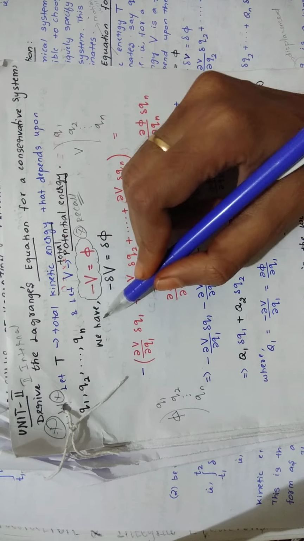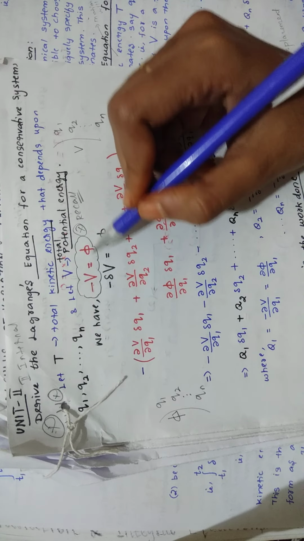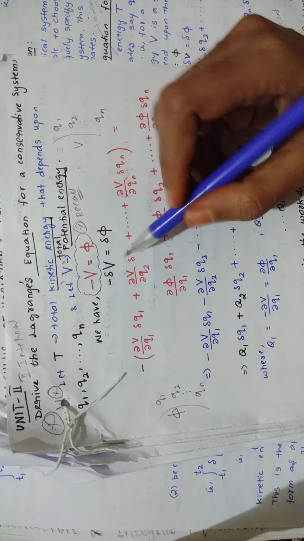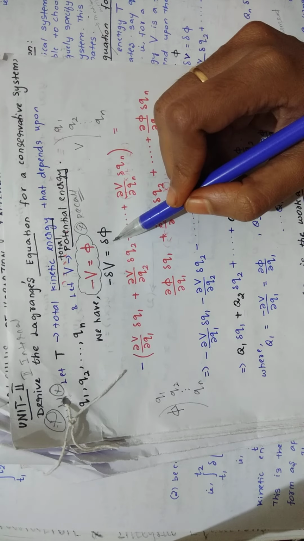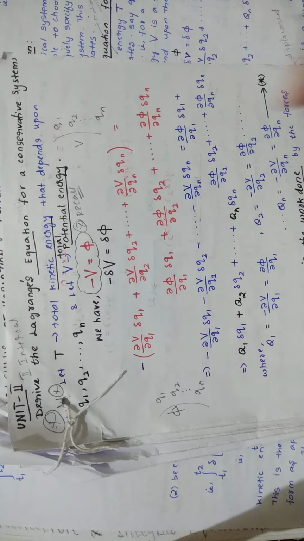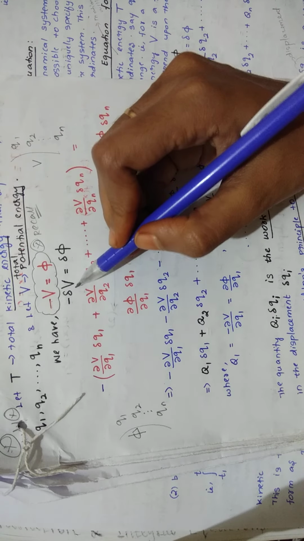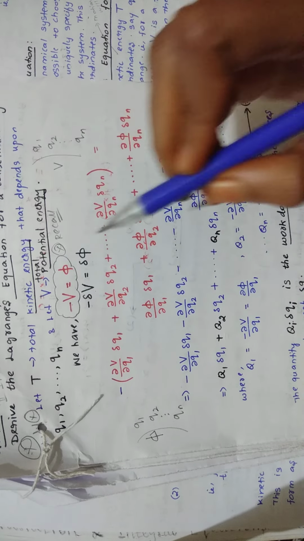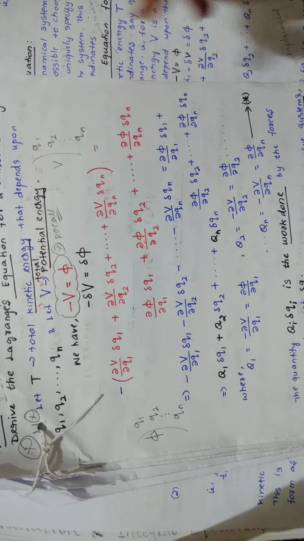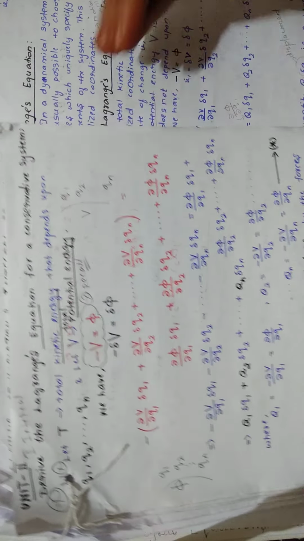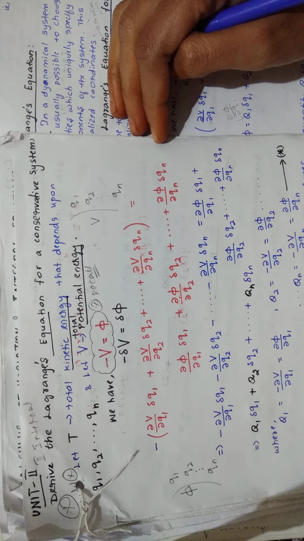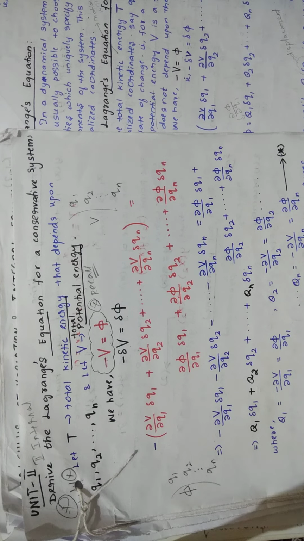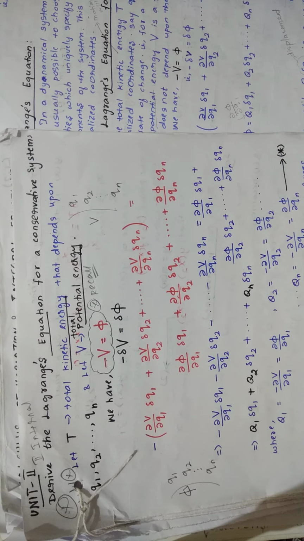We have minus V is equal to pi. You are multiplying with delta on both sides so that you will get this. Now you are differentiating V and differentiating pi, in the same way that I explained in other videos that you can see in the calculus of variations and integral equations playlist.